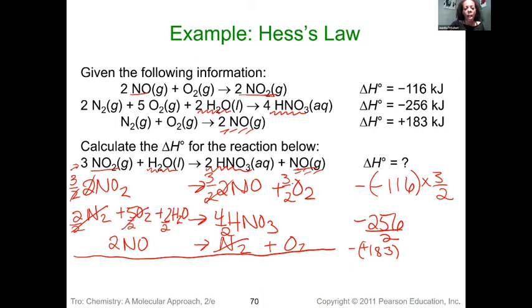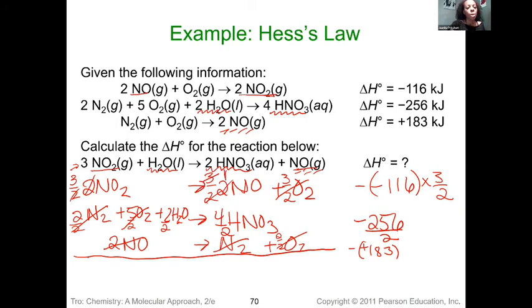And look, I actually have 3/2, and this is the same as 2/2, which 2 plus 3 gives us 5 halves. I can cancel those oxygens out as well. And then what seems to be remaining is with my nitrogen monoxide, well, I have 2 on the reactant, I have 3 on the product, so that would give me 1 left over.